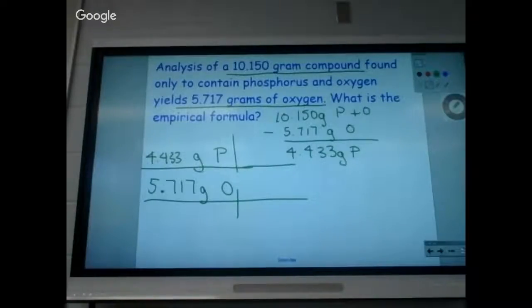You got 1.5. That's 1, that's 2.5. It's 1, now 1 divided by that. You get the table divided by the smallest number.